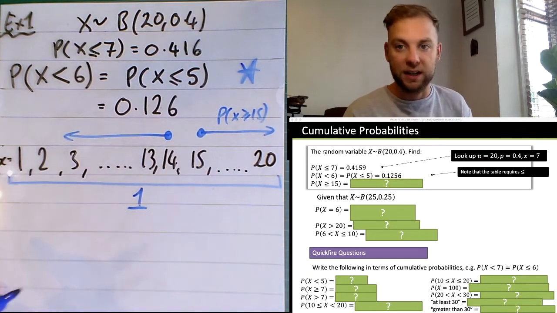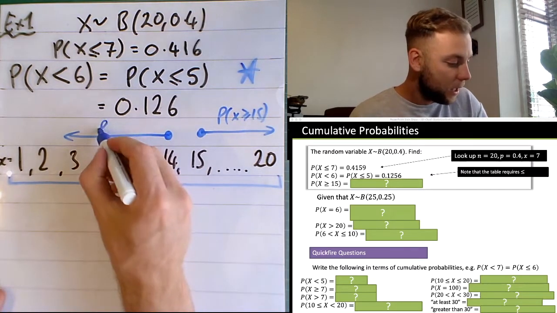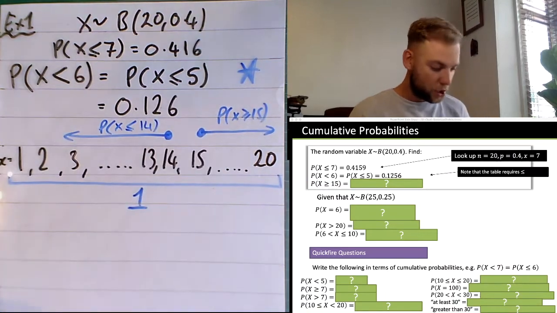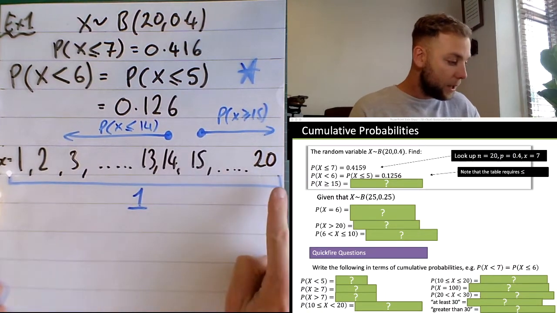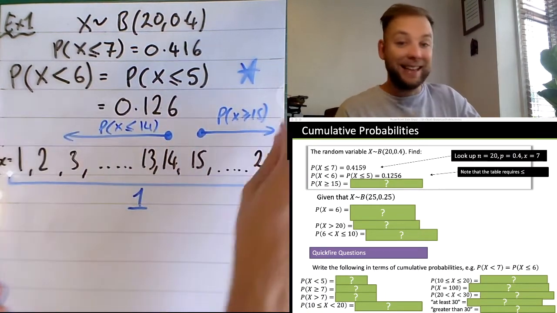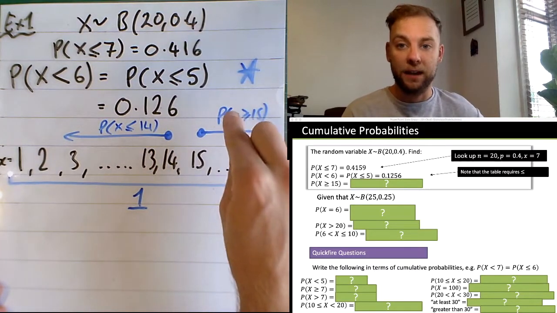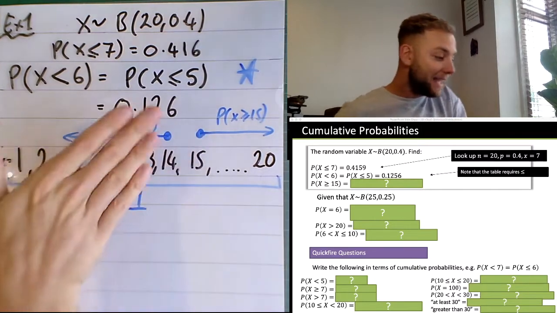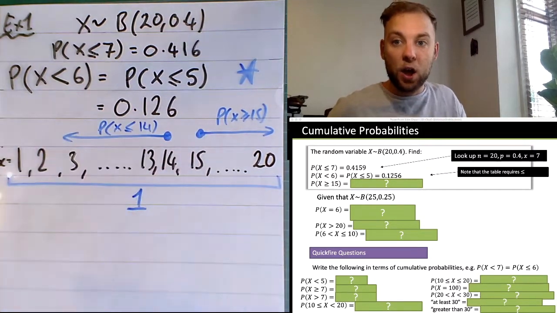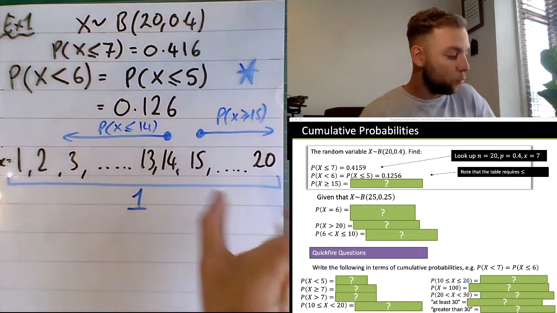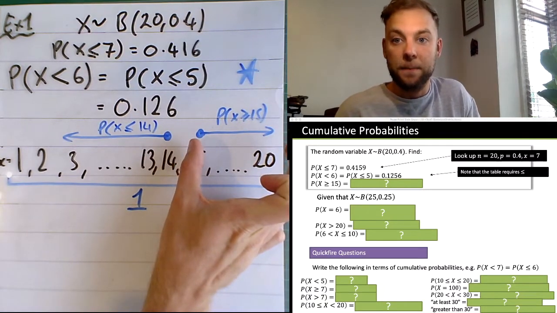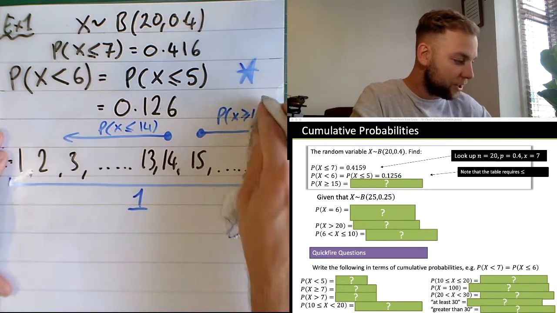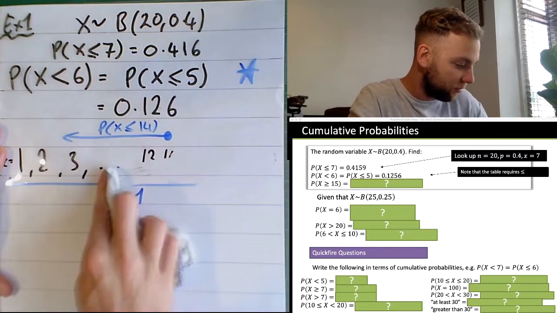Just realised I should have a 0 at the start of there. Well, that's going to be the probability of x being less than or equal to 14. So we're going to do 1 minus all of this to get this part over here. Okay, so all of the data which we know is equal to 1, take away this part here, which is less than or equal to 14, will leave me with this part here, which is the probability of x being greater than or equal to 15. So I'm just going to get rid of this now. Hopefully you understood that.